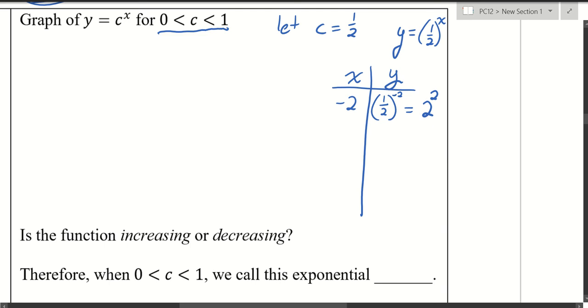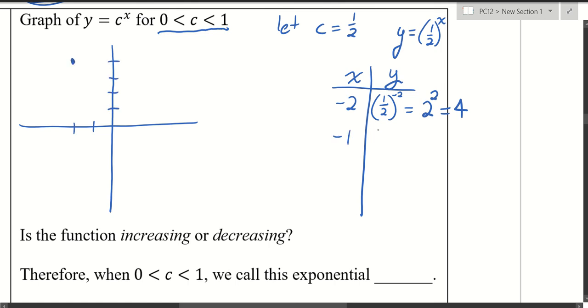So now we've dealt with that negative exponent. We wrote the reciprocal of the base, and now we have a positive exponent on that reciprocal. And 2 to the positive 2 is just 4. So when we plug -2 as our input, we get positive 4 as our output.